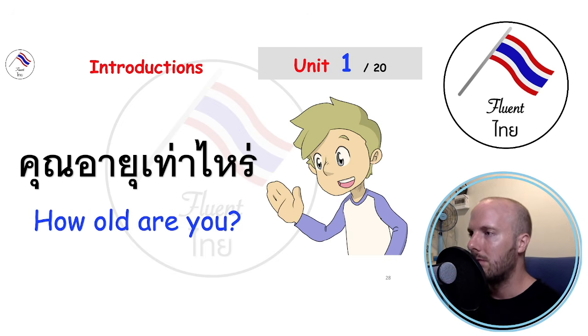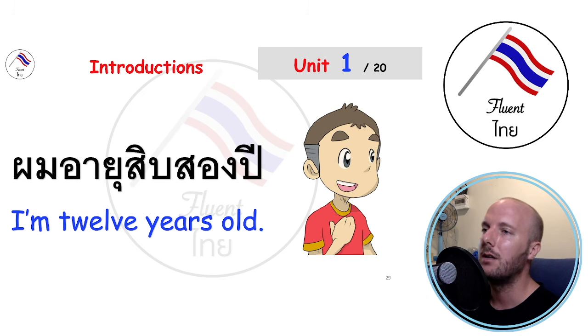For saying how old are you, you're literally saying คุณอายุเท่าไหร่, which is "you age what," or "you age how much," different than English. And when you answer, you would say "I age" อายุ and then say your age, and then use the word ปี, which means years. If a child is aged 0 to 12, they don't use the word ปี for years.